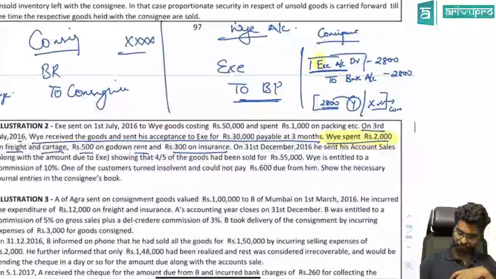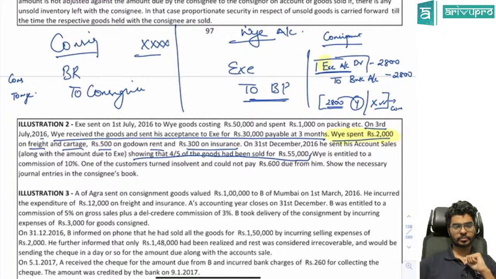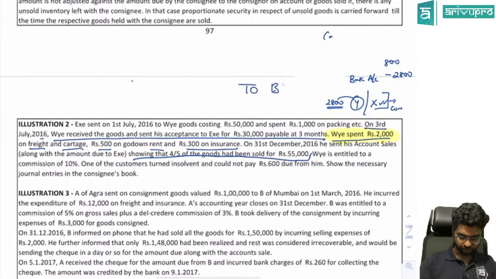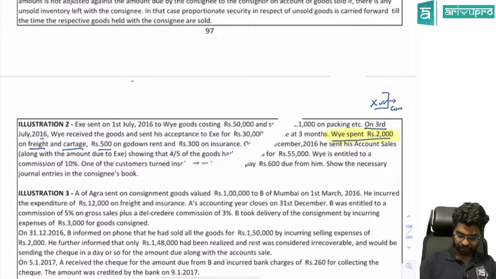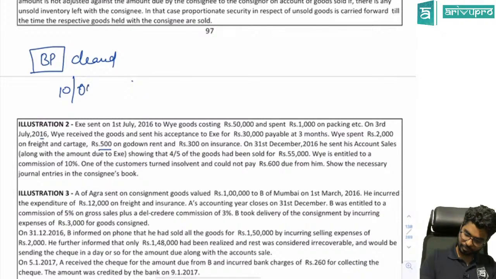Next one. 4/5 of the goods have been sold for 55,000. What's the journal entry? Now, guys, see here, before December, I have to make sure that the bills payable is cleared because this falls on 7th October.